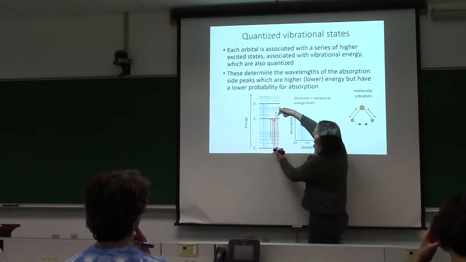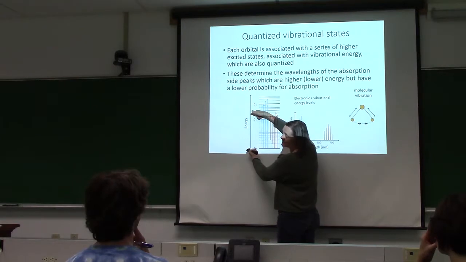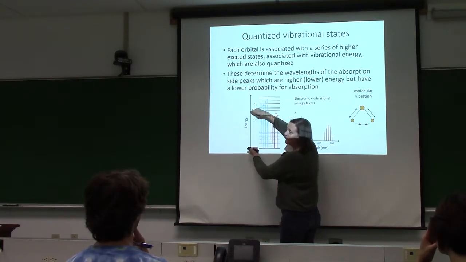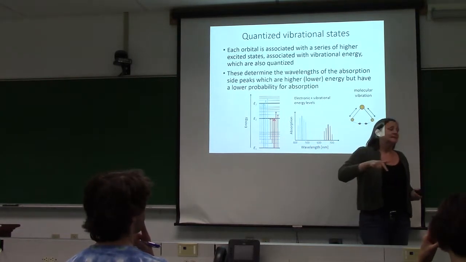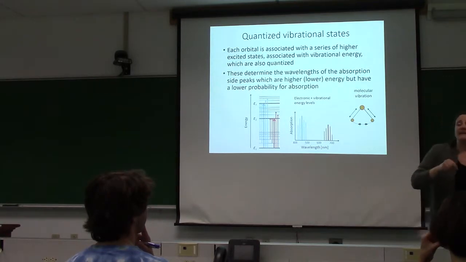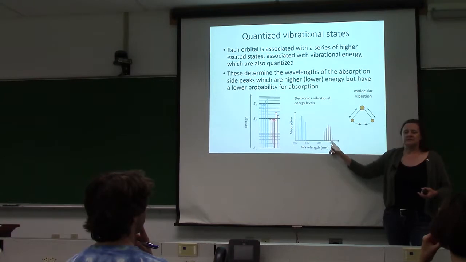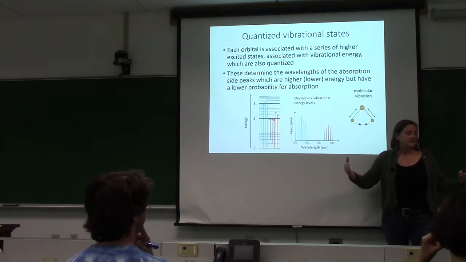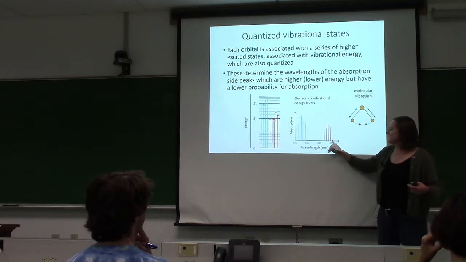And if you remember that the length of this represents a quantized amount of energy, and each quantized amount of energy is associated with a specific wavelength by hc over lambda, that allows you to see some absorption in some wavelengths beyond that main peak, which is the electronic state. Okay? So now you have absorption here, but not here, here, but not here, etc. Okay?